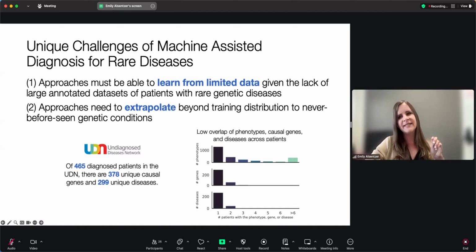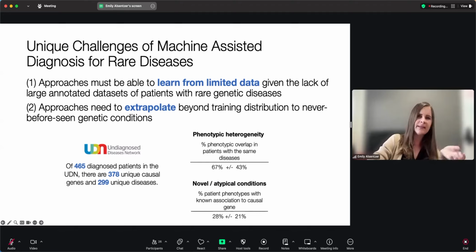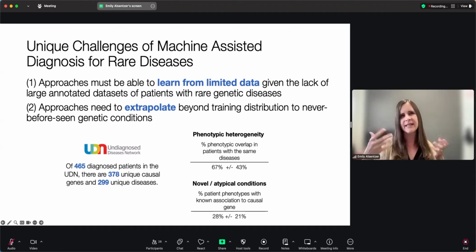Most genes, phenotypes, and diseases are only seen in a single patient in the entire cohort here. Even within the same disease, these patients will have considerable phenotypic heterogeneity. They share only around 67% phenotypes on average, and only 28% of patient phenotypes are actually known to be associated with the patient's causal gene. What this means, again, is that these patients have really atypical presentations of diseases or potentially completely novel genetic conditions.